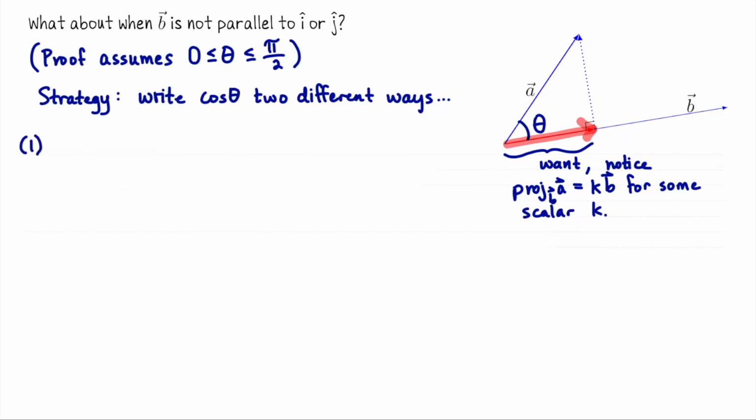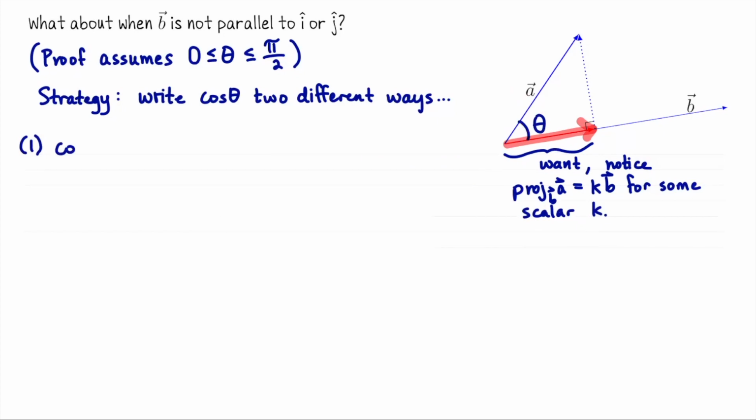Okay, so for the first way, notice I've taken this picture and I've completed it into a right triangle by dropping this dotted line straight down to B. Gives us the projection, but it also gives us a right triangle here. And we know that cosine is adjacent over hypotenuse.